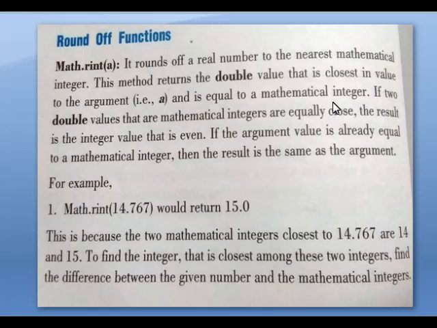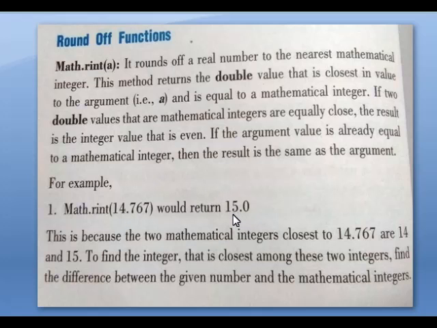So for example, Math.round(14.7) will return the output as 15.0, because the number after the point is greater than 5. So it will round the value as 15.